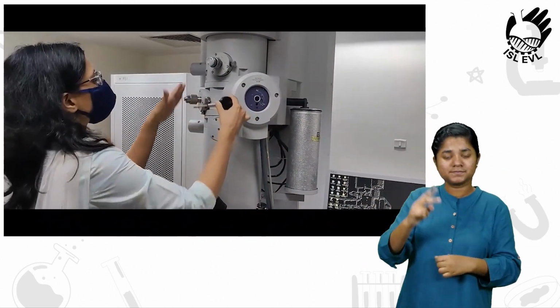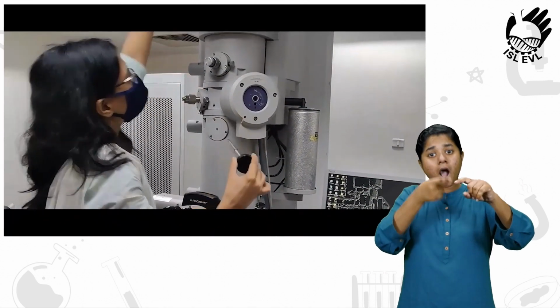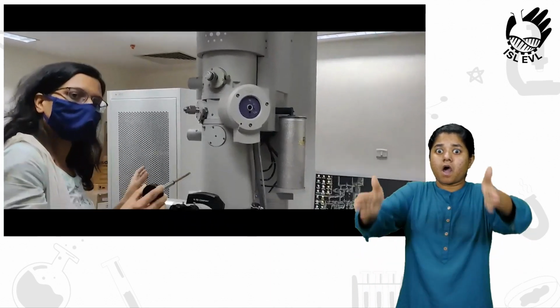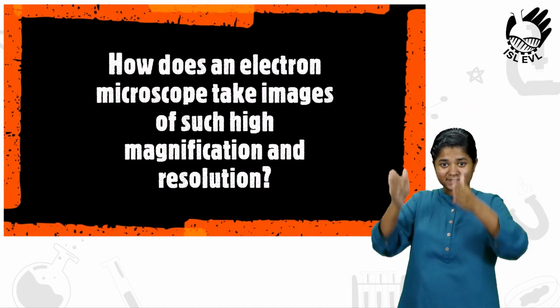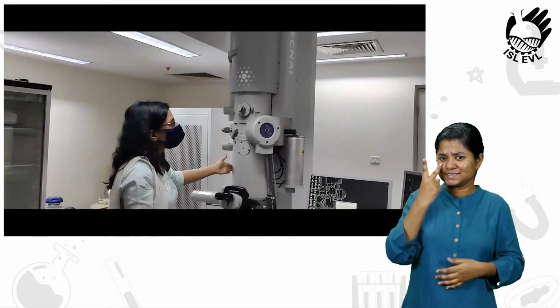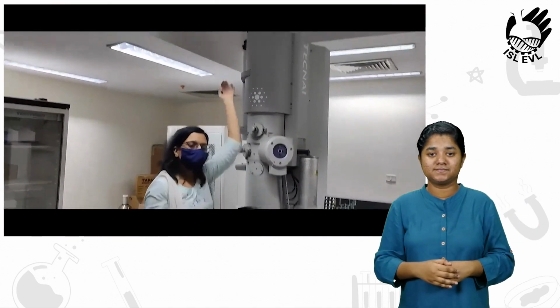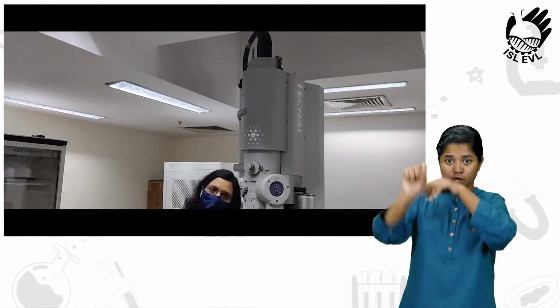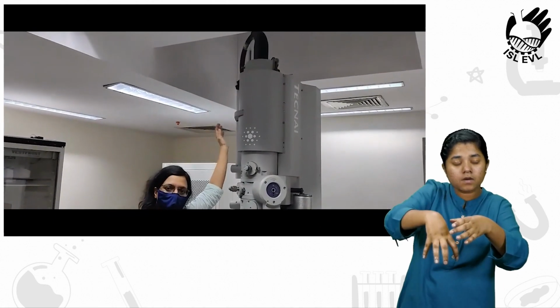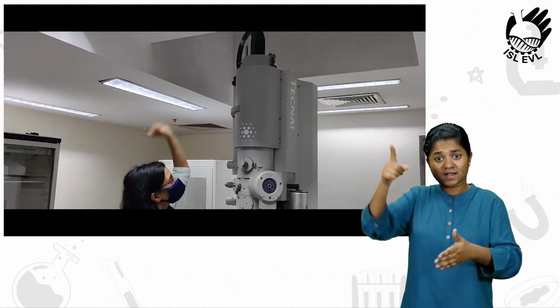So basically it goes somewhere in the middle of this, and the long tube that you see is the path of the electrons. So this is a long column, and at the top of it, just like in compound microscope you have light as the source of illumination, here the electrons are the source of illumination and they are at the very top.